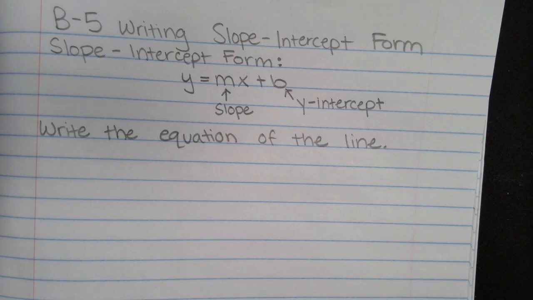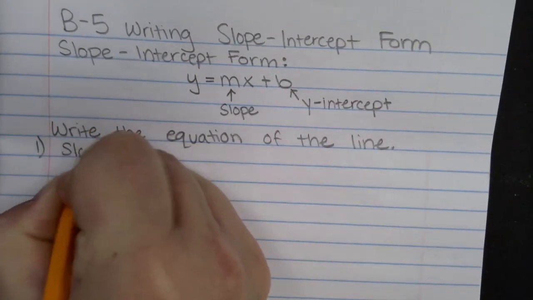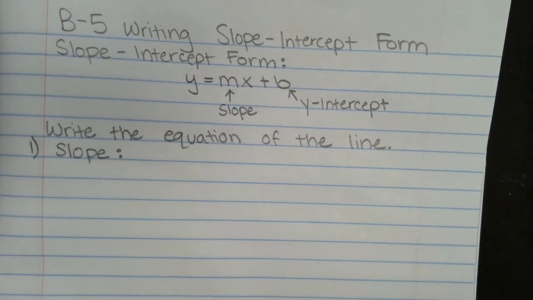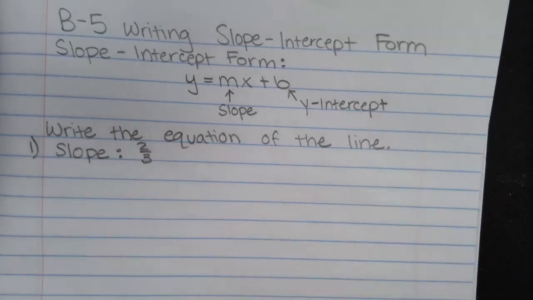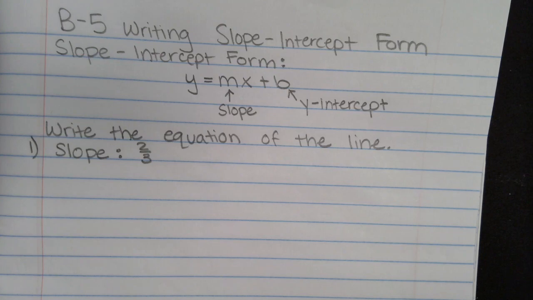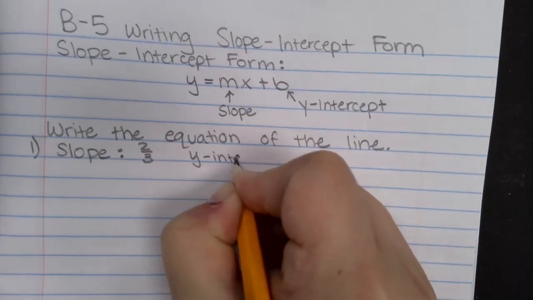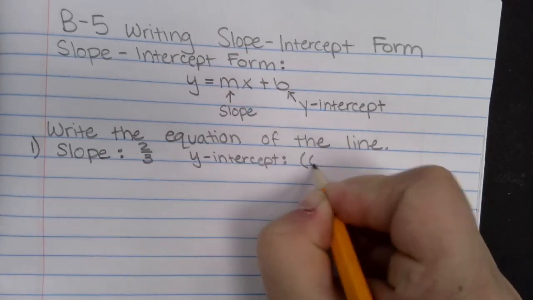Alright, so for number 1, I'm going to say that the slope is 2/3. And the y-intercept is -7.